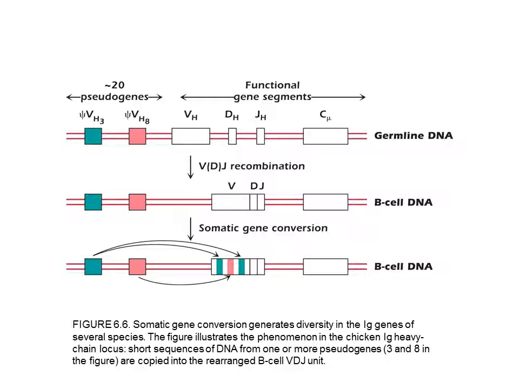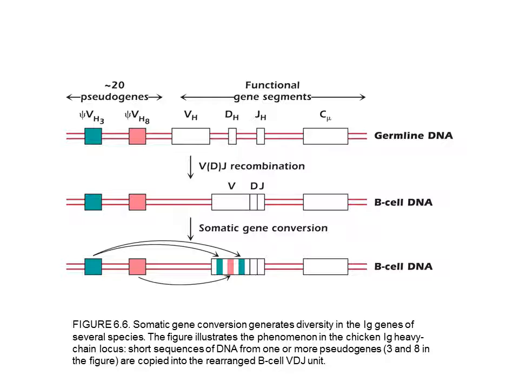So the receptor of the distal end has to be edited. Now in this figure, if you look at somatic gene conversion that generates diversity in immunoglobulin genes of some species, you will see the figure illustrate the phenomenon in the chicken immunoglobulin heavy chain locus.